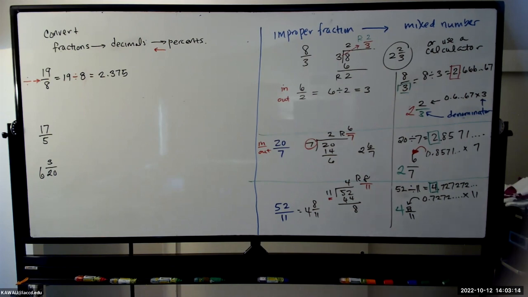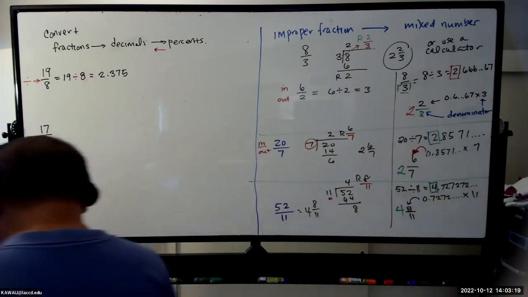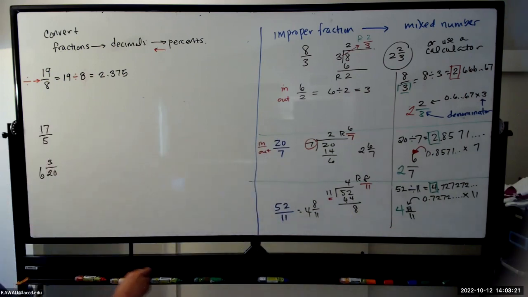So over here, we have 17 divided by 5, and I get 3.4.